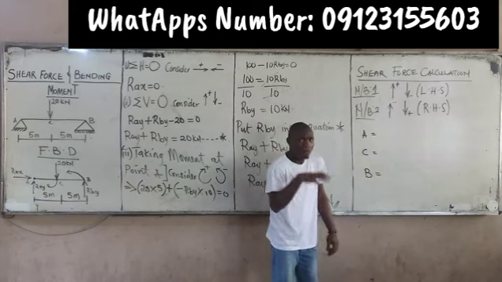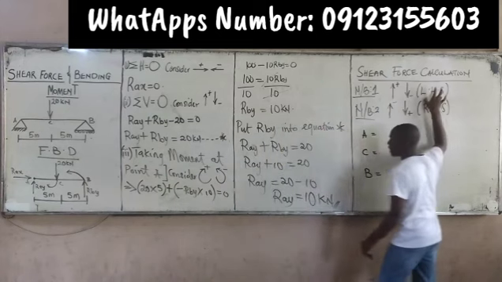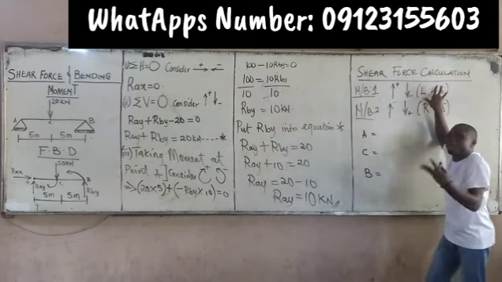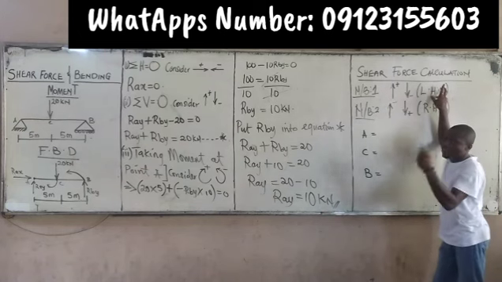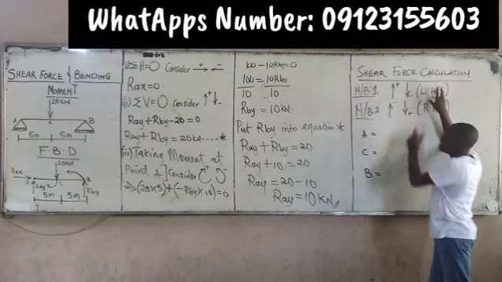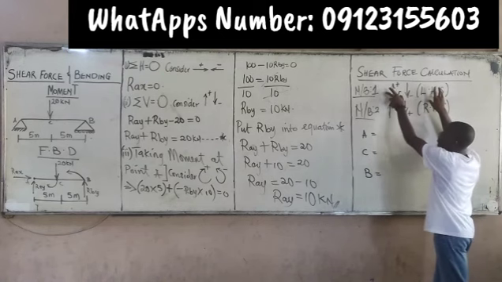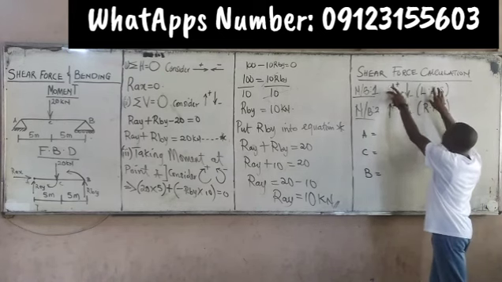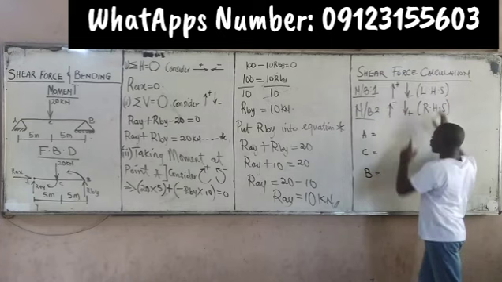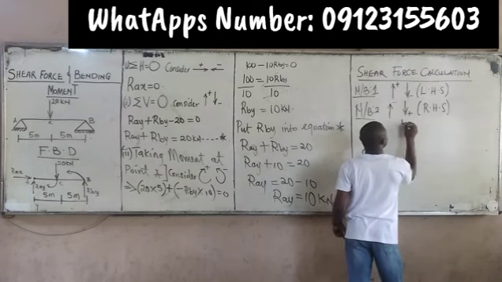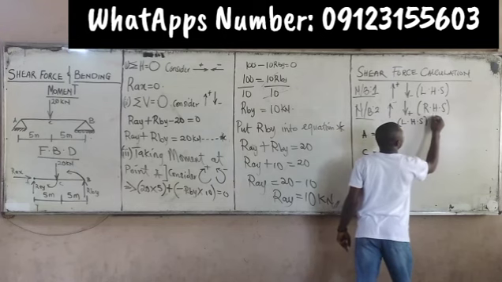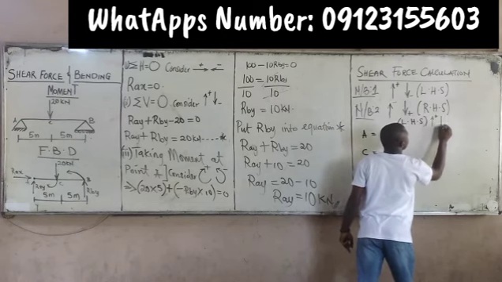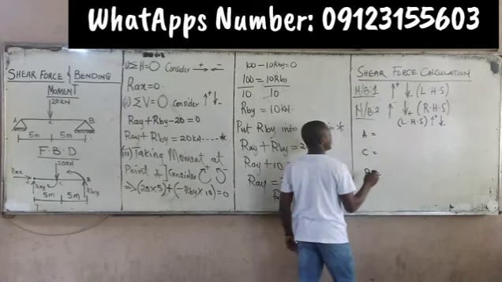But for me, I would like to use left hand side. Why? Because I am already familiar with upward force positive and downward negative. So I'm taking my readings from left hand side. Upward is positive, down is negative.